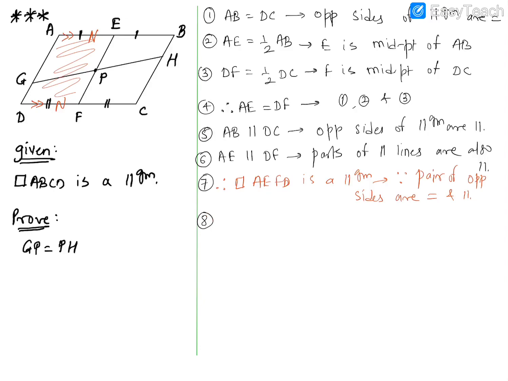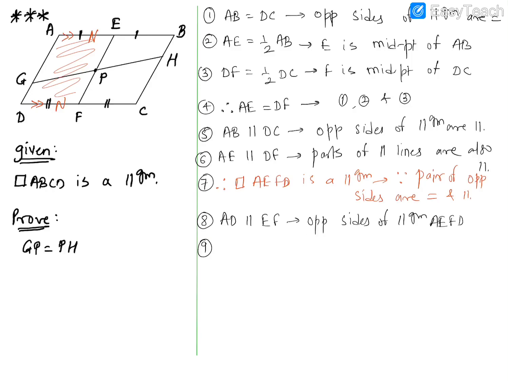Then next statement, number 8. Since it's a parallelogram, I can also say that AD is parallel to EF. Why? Because they are opposite sides of parallelogram AEFD. Okay, then ninth one. I'll just mark in the figure also.